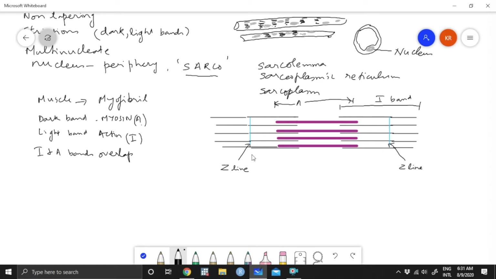The distance between one Z line to another Z line is called as sarcomere. Sarcomere is unit of muscle.